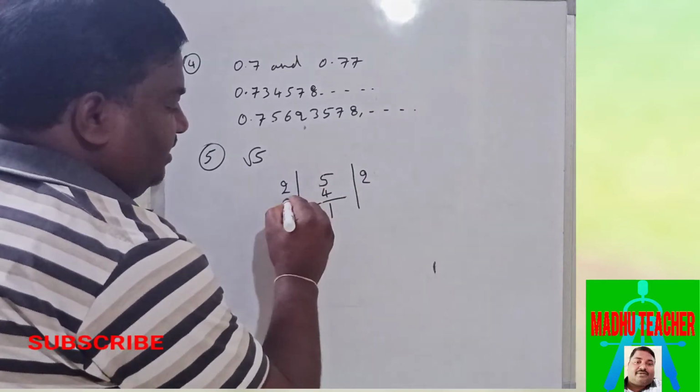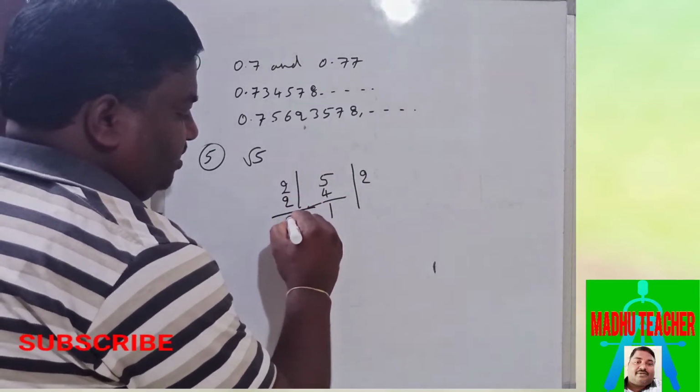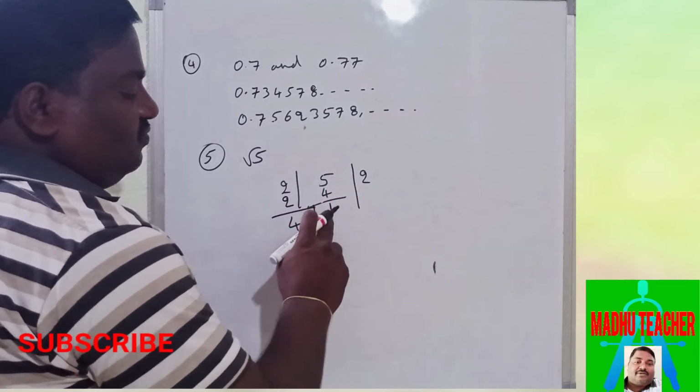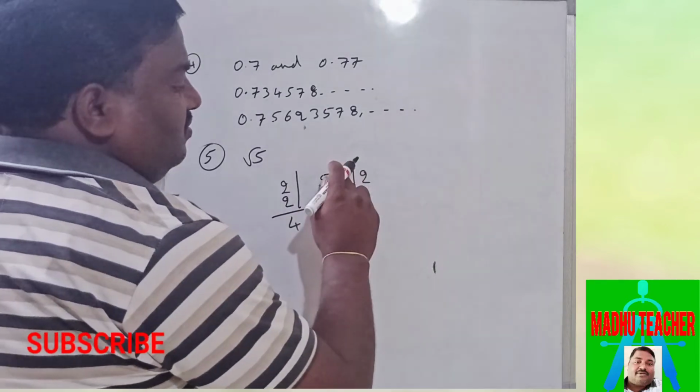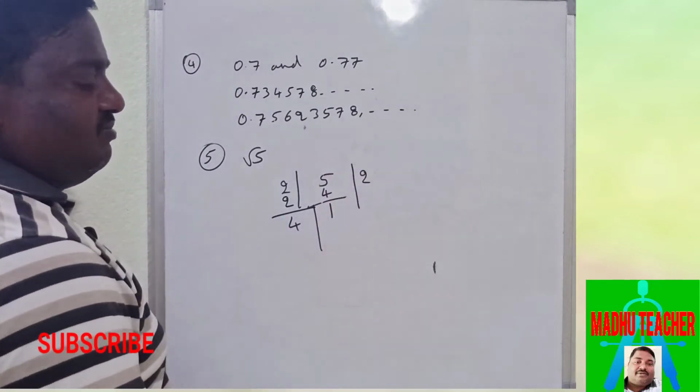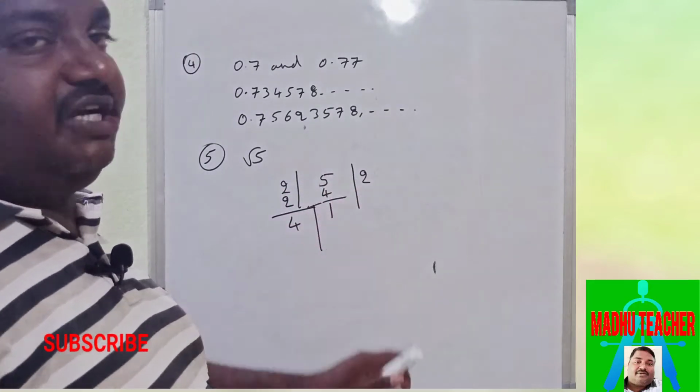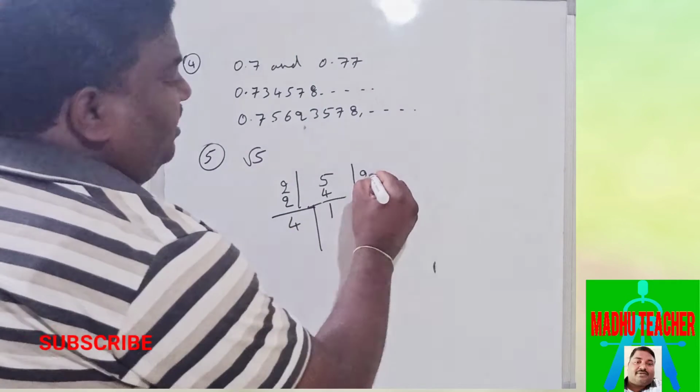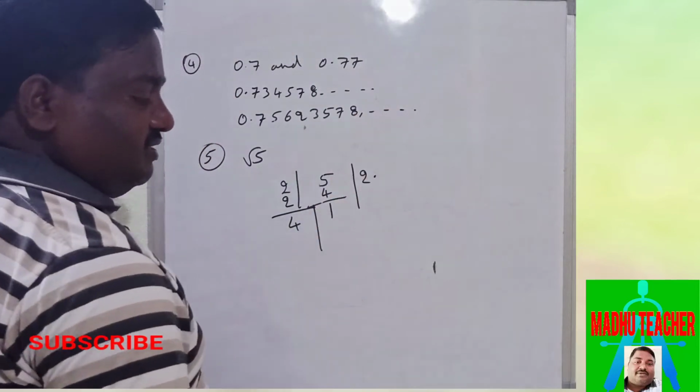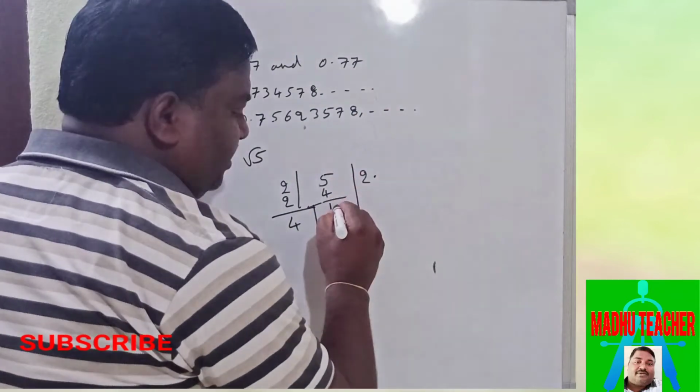Okay, now add this 2 to 2. We'll get 4. So 1 is less than 4. There are no decimals to take down. That's why I'm taking points. If you put points, you can take 2 zeros.